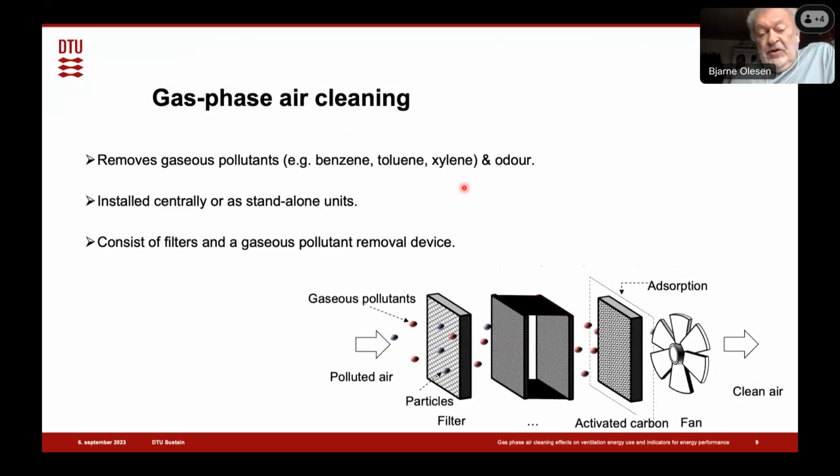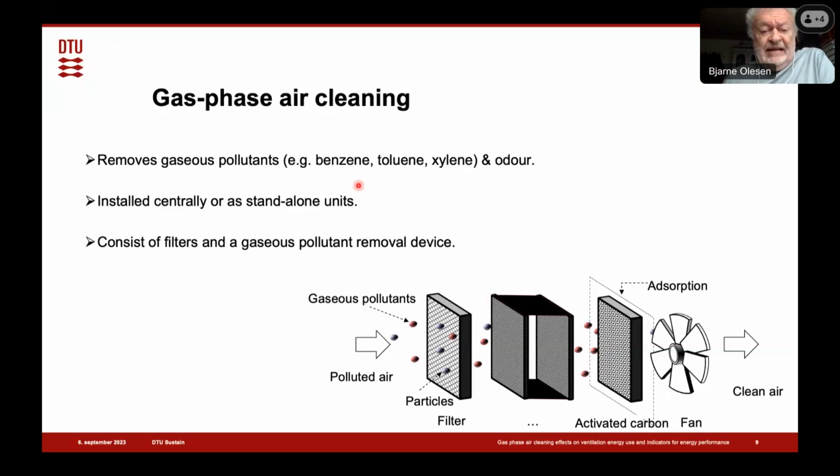I will refer to one test we have done, but we have done more tests with different air cleaners. One we were using was based on absorption, so it had active carbon, but we have also done studies with some of the others, using PCOs, ion generation, and so on.